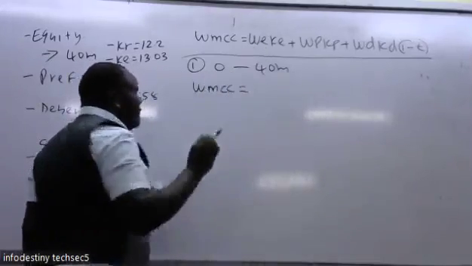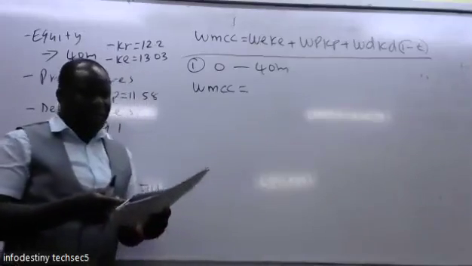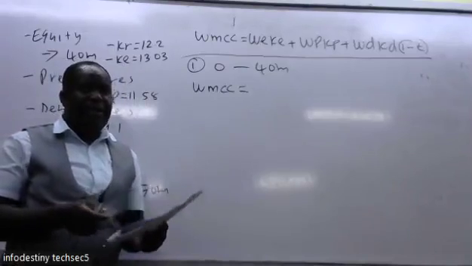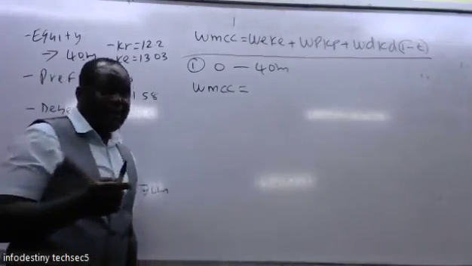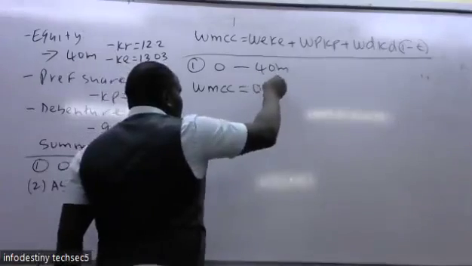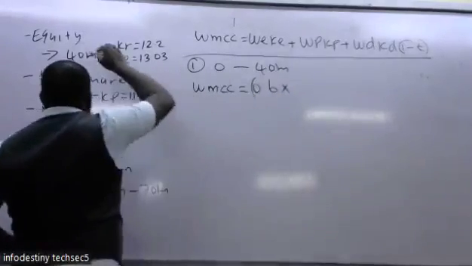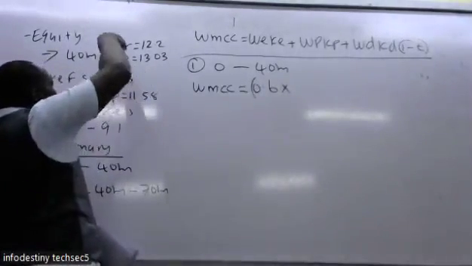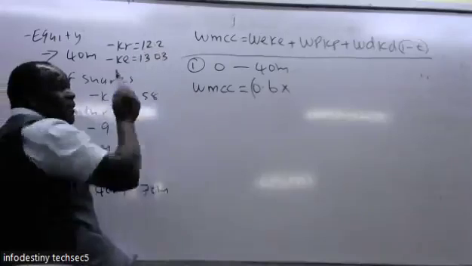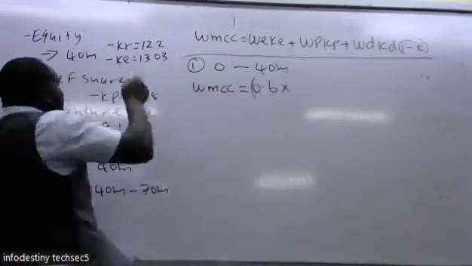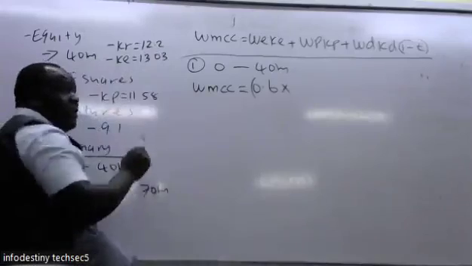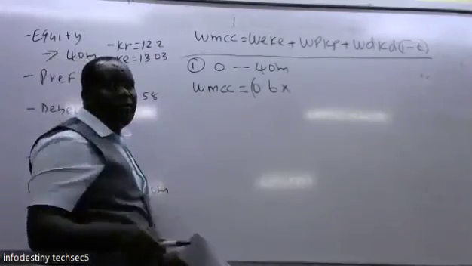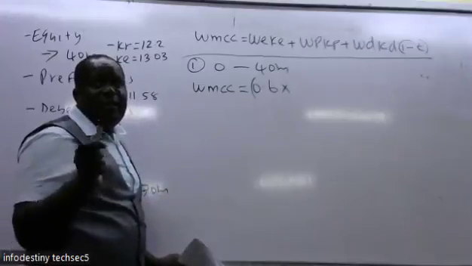The weight for equity, we said it was 45 plus 15 divided by 100, which was 0.6. So we are on equity. Under equity, anything to do with the 40 million and below, you use the retained earnings. Anything above 40 million, you change to the ordinary share. So we are 40 million and below.